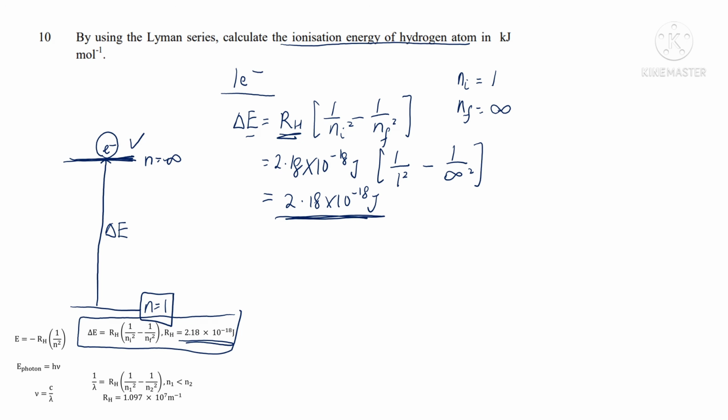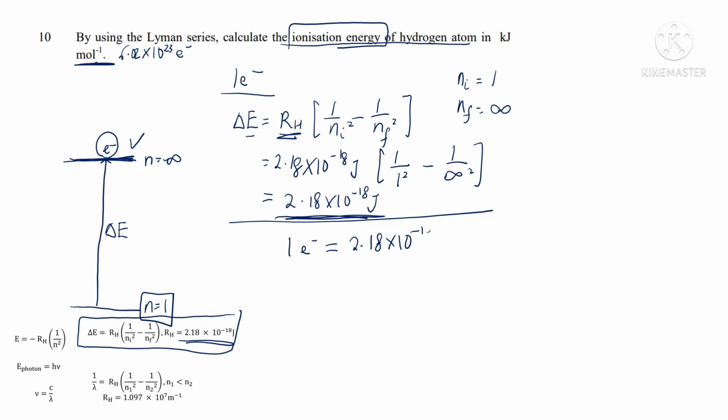But ionization energy is defined for 1 mole. We want to remove 1 mole of electrons completely from 1 mole of hydrogen atoms. Therefore, we need to calculate the energy for 6.02 times 10 to the power of 23 electron. We know that for 1 electron, it corresponds to 2.18 times 10 to the power of negative 18 joule.